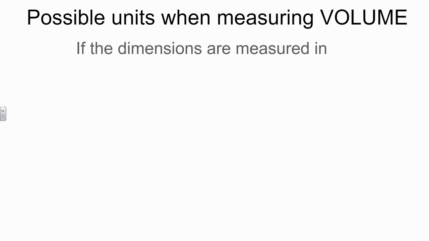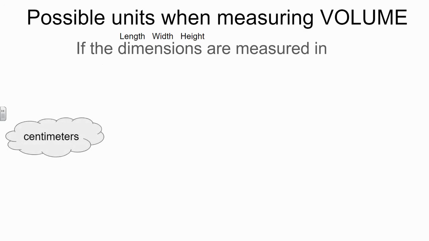When you're measuring volume, the number is not the only thing you need to worry about. We really want to make sure we're using the correct units. And it depends on how you're measuring the dimensions. Remember, dimensions are length and width and height. If you're measuring the length, the width, and the height in centimeters, then when you get your volume, you are going to want to give your volume in cubic centimeters, 3-dimensional centimeters. You can see some different ways here to say cubic centimeters.